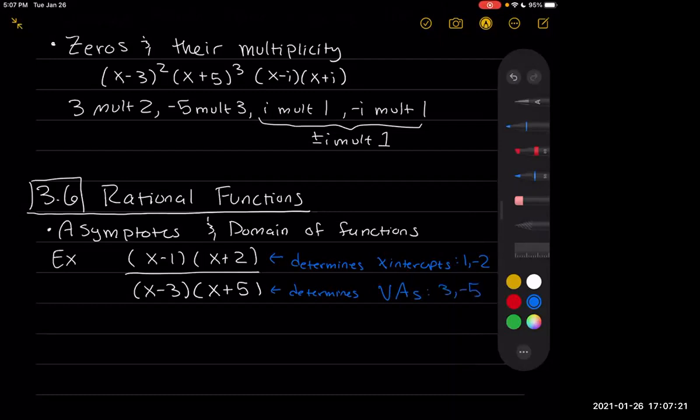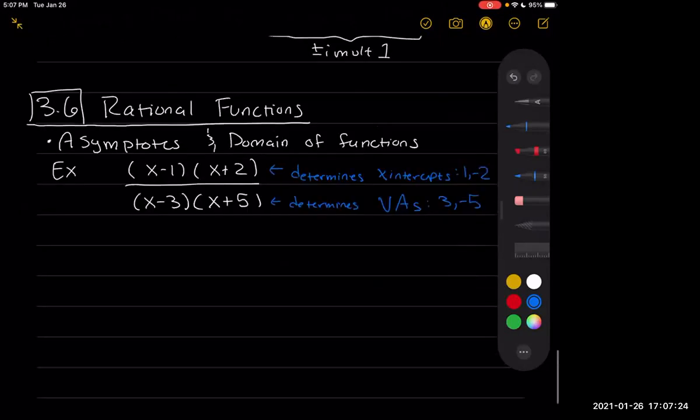All right, and then for this one example in particular, the ratio of leading terms, once FOILed out, will give us a horizontal asymptote. All right.